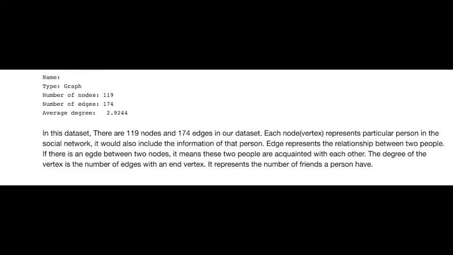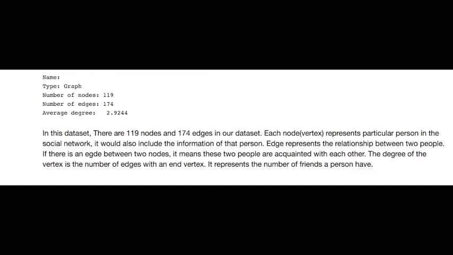Each node represents a particular person in the social network, and inside the node, it will include the information of that person. An edge represents the relationship between two people. If there is an edge between two nodes, it means these two people are familiar with each other.